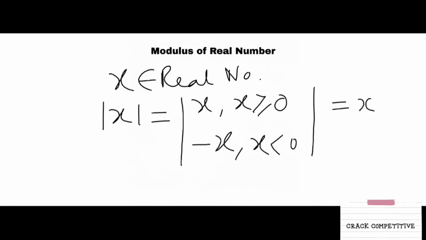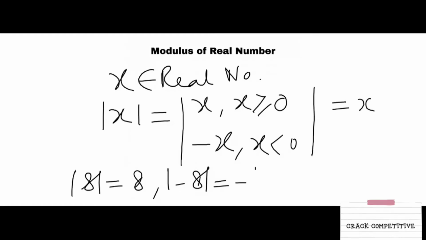If we look at an example like modulus of 8, what does that mean? If there is no sign before any number, we suppose it is a positive number. So modulus of 8 is equal to 8. And what is modulus of minus 8? It is also 8. How?